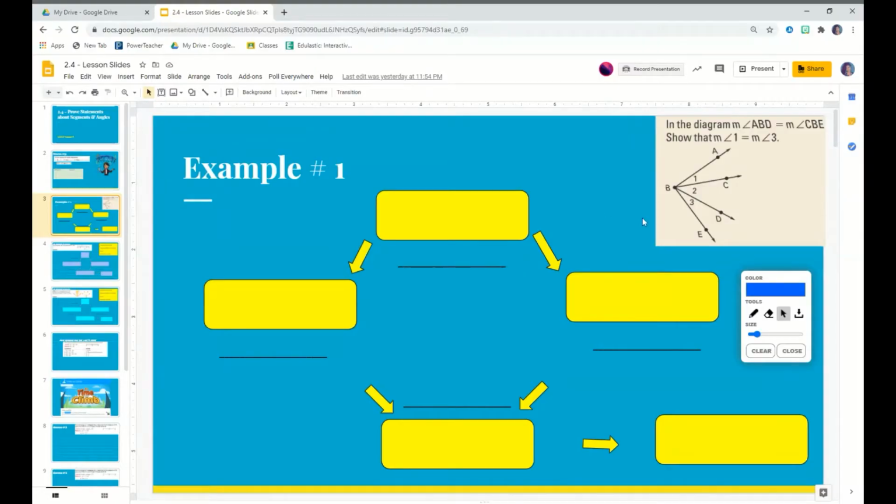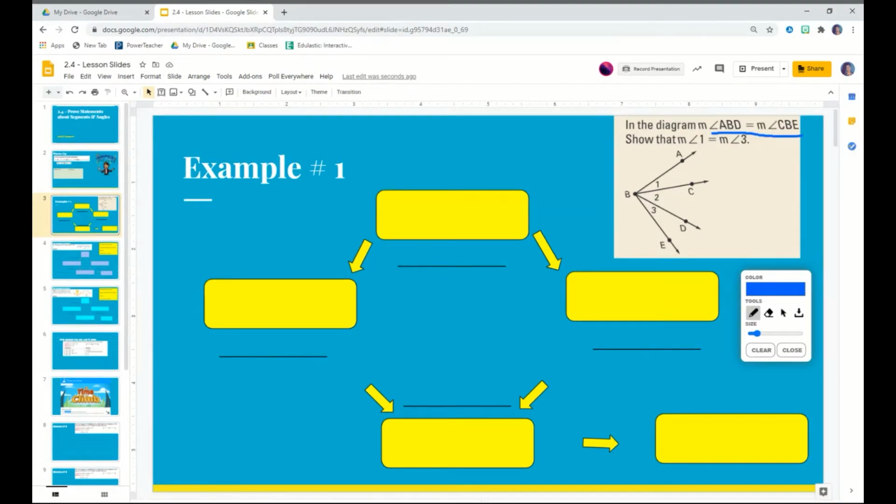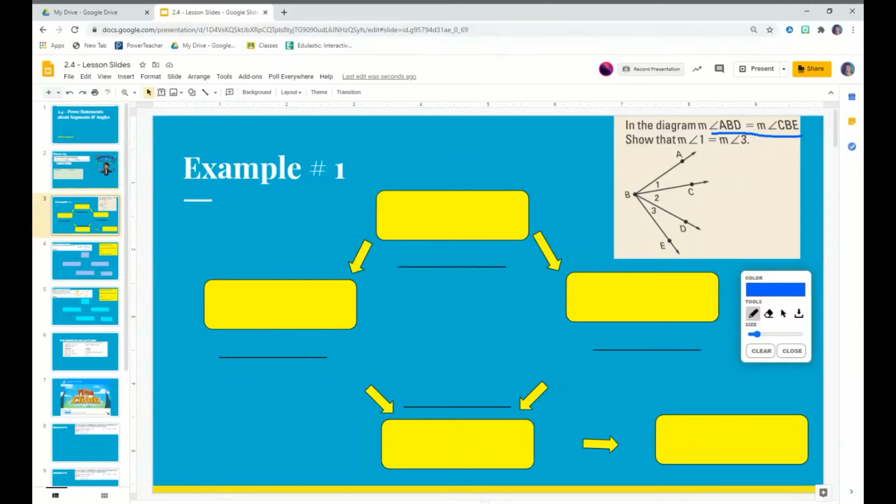All right, the first example of our proof here, here's the diagram. You're almost always going to be given a diagram, or you're going to be given some information. So in the diagram, the measure of angle ABD is equal to the measure of angle CBE. So you can mark that on the diagram.